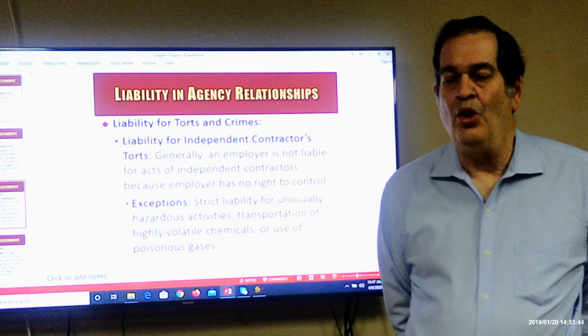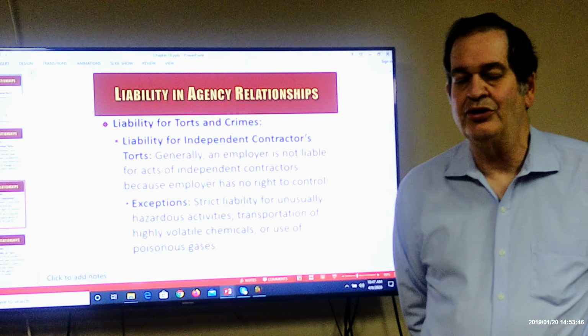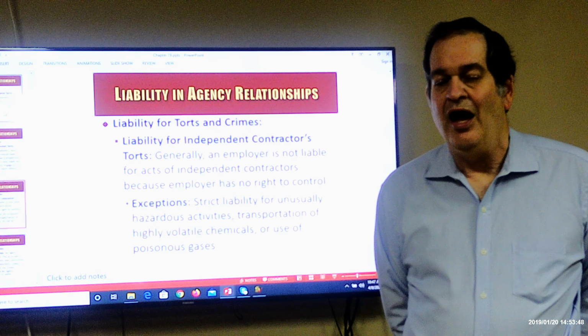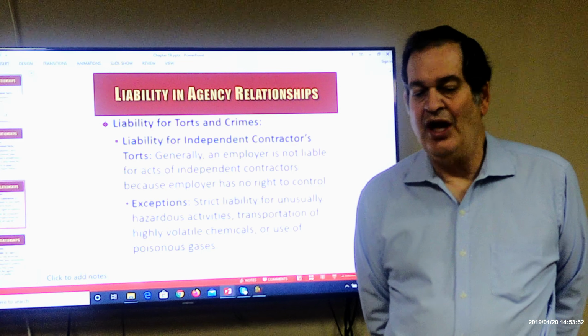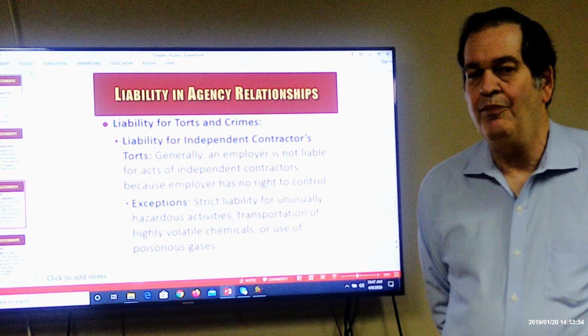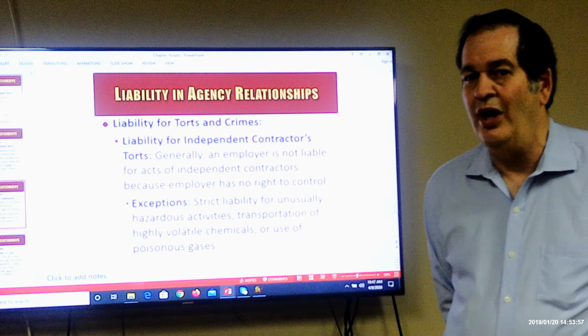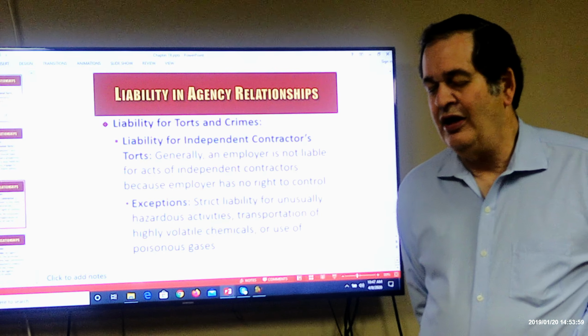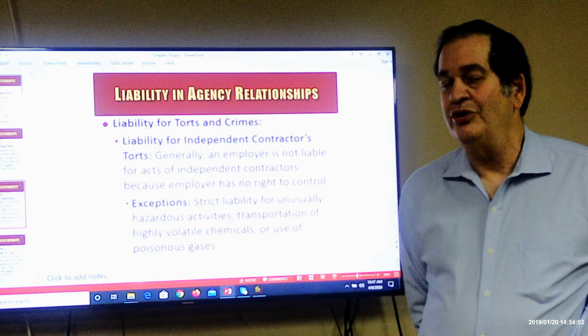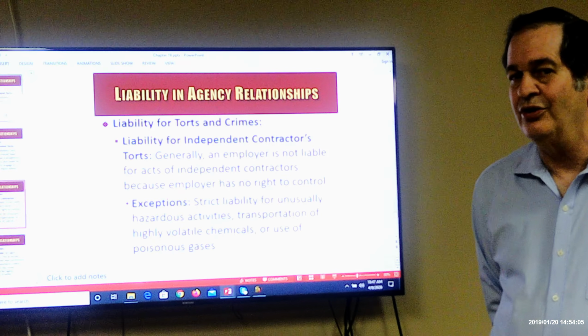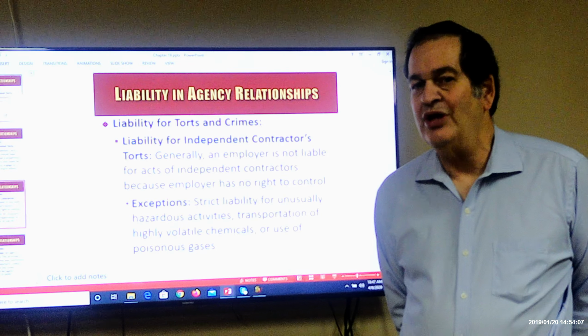The employer just pays the independent contractor a flat fee and is not concerned about taxes, etc. So that can be very important from that point of view as well. So if you're getting employed in a particular job and the employer wants to treat you as an independent contractor, you need to realize those aspects of it.